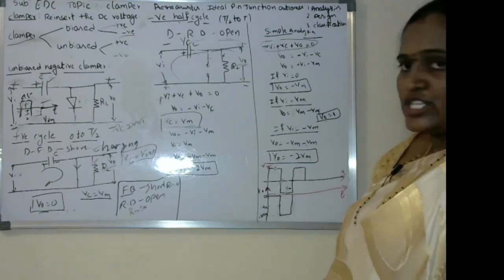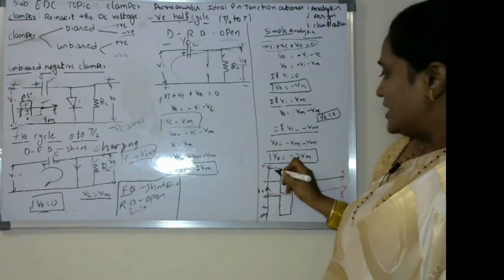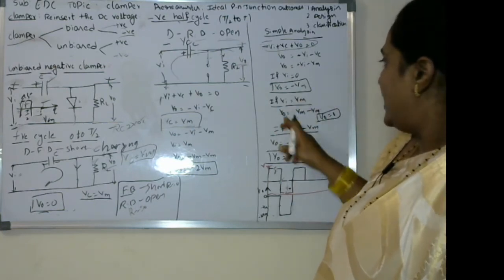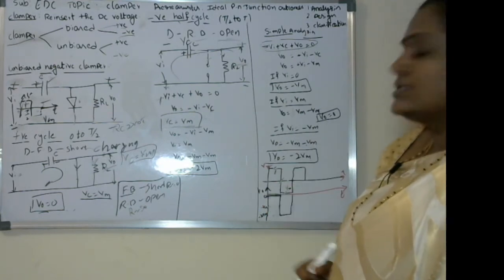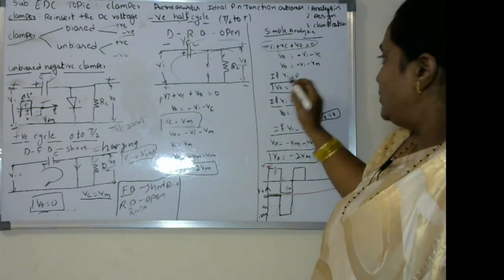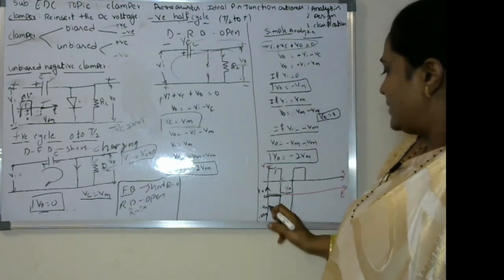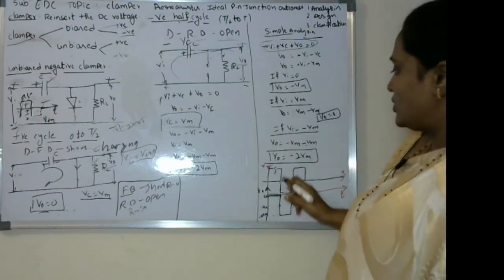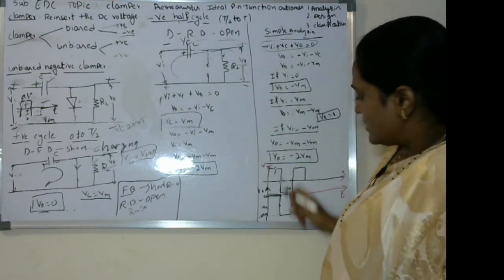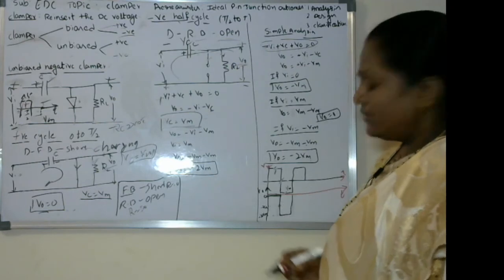So we have to sketch. We already know that if it is Vm, it goes to 0. So the voltage goes to 0 here. If input is 0, it goes to minus Vm. So the voltage goes to minus Vm only at that position when the zeros are there at this straight line. So in all the cases it goes to Vm.